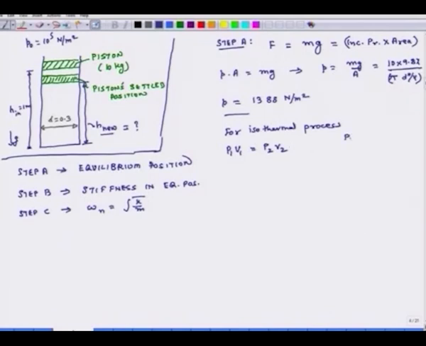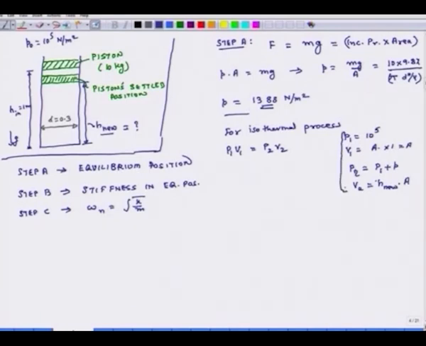Now, P1 is equal to 10 to the power of 5, V1 is equal to the volume of the cylinder, so that is A times height, and the height is 1, so that is A. P2 equals P1 plus incremental pressure, which is 1388, and V2 is equal to h new times area.